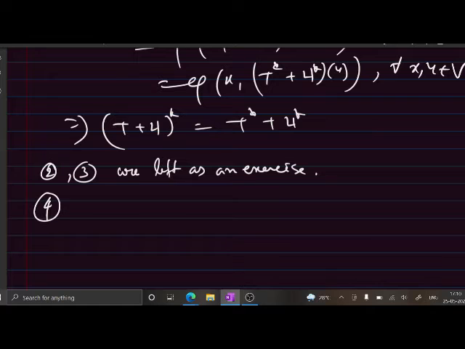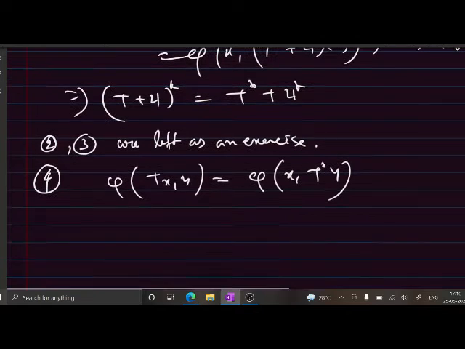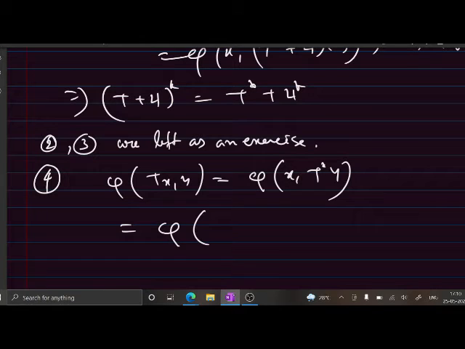Number 4, so phi of Tx comma y is phi of x comma T star y. From this one again you can apply that T star, then you will have T double star x comma y.